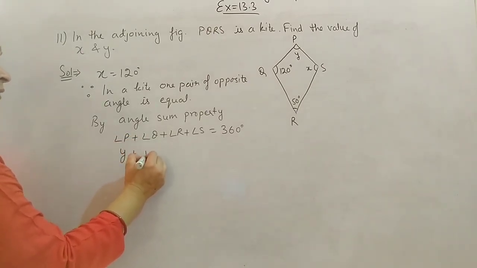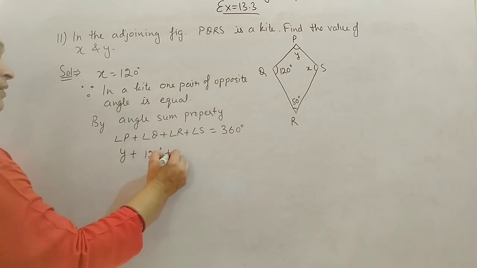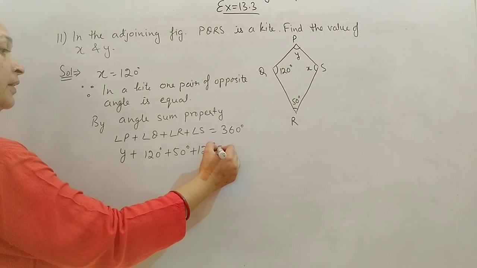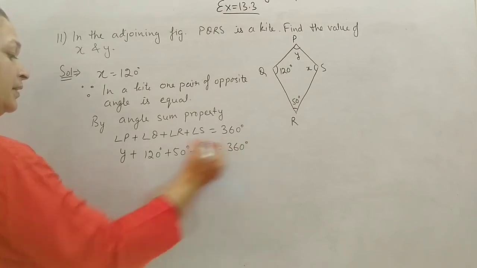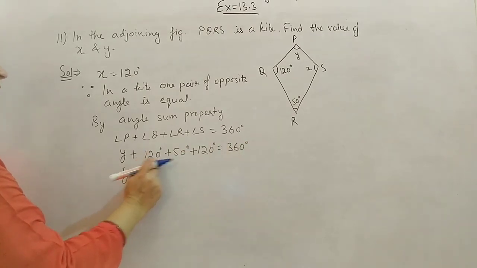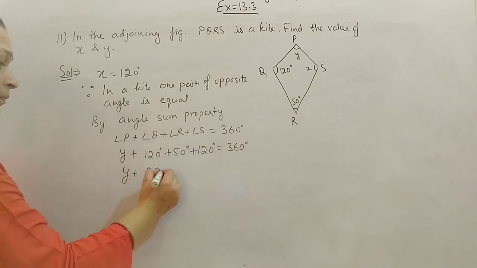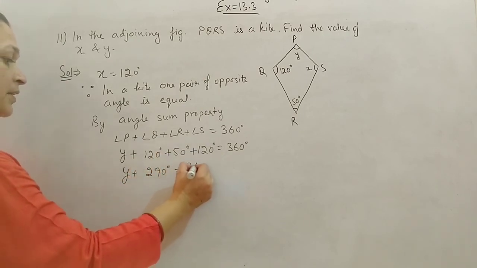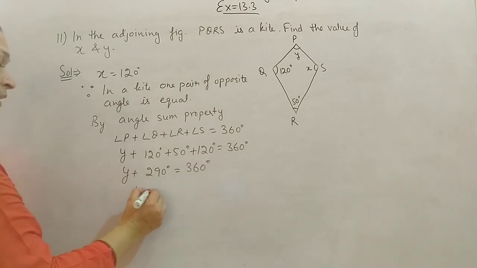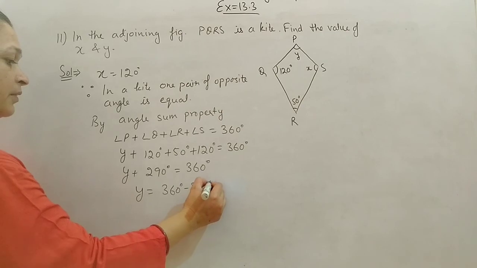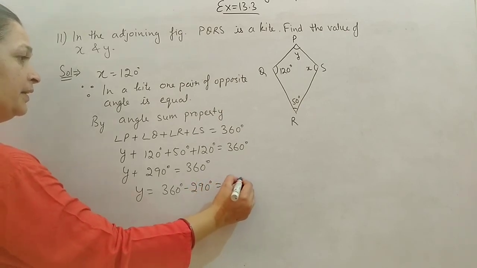Q is 120 degree. R is 50 degree. S is also 120 degree, equal to 360 degree. Now 120 plus 120 is 240, plus 50 is 290. So the value of Y will be 360 minus 290 equal to 70 degree.